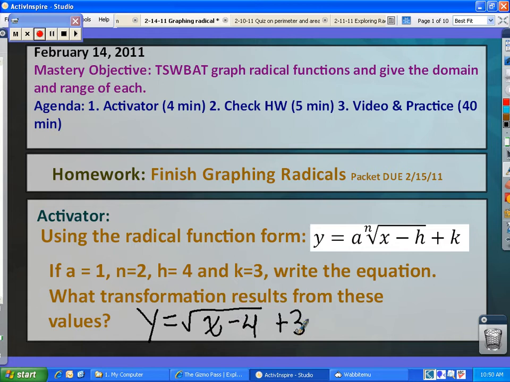So with that equation, we know from our discussion on Friday that h moves the equation left and right, and k moves our equation up and down. So this graph would be moved 4 units to the right and 3 units up.